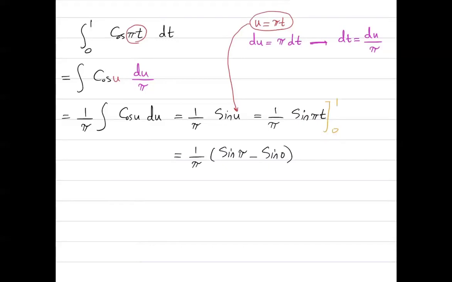So in order to calculate this, you either memorize the unit circle, or you know that the sine of pi is 0. Sine of 0 is also 0. So the output is equal to 1 over pi times 0, or 0. This definite integral is equal to 0.